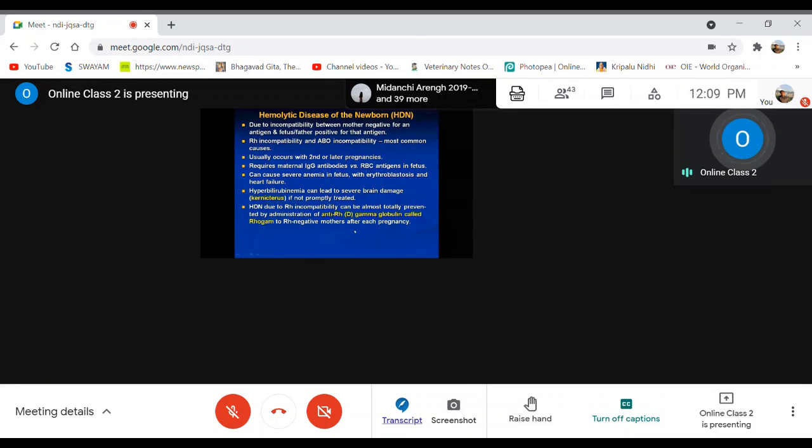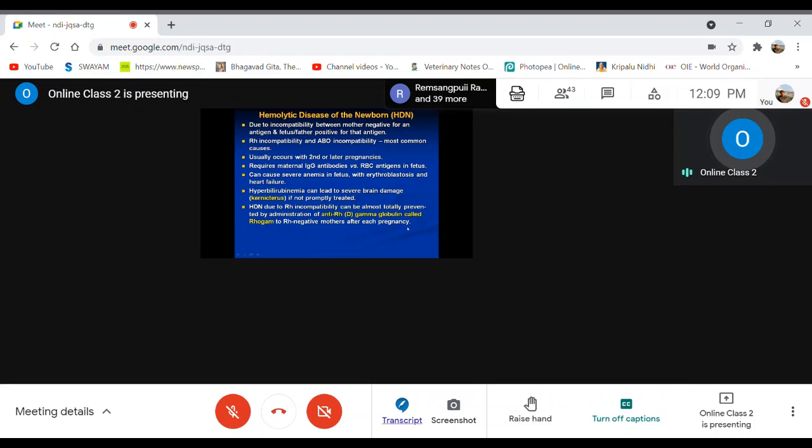This kind of disease, hemolytic disease of the newborn, or erythroblastosis fetalis, commonly occurs in humans when the father is Rh positive and the mother is Rh negative. Such disease conditions can be prevented by the administration of a drug, anti-Rh D gamma globulin, commonly known as RhoGAM, to Rh negative mothers during pregnancy.